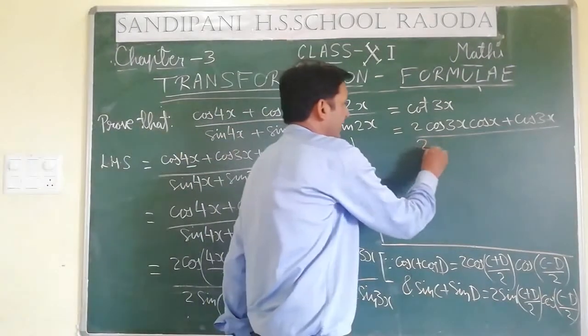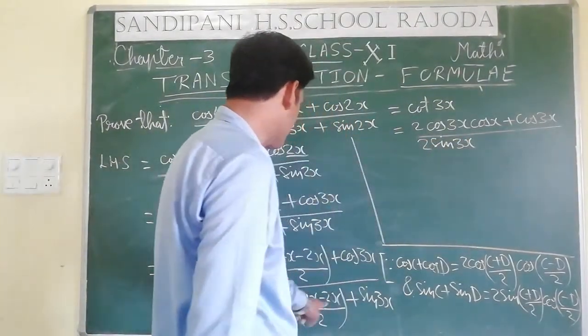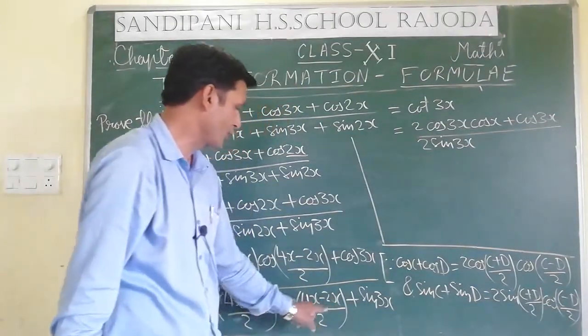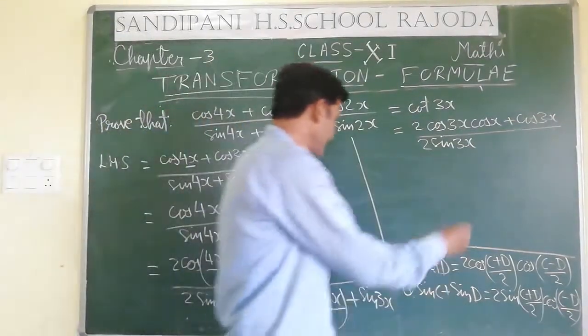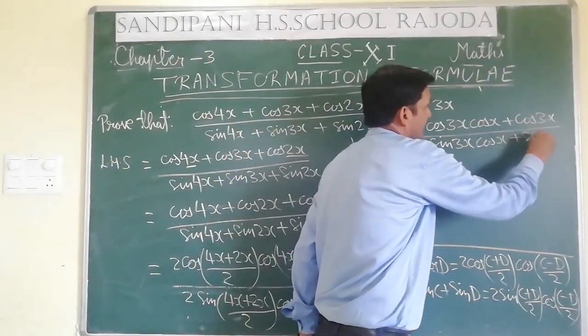So 2 sin 3x and cos (4x minus 2x), that is 2x by 2. So it will be cos x plus sin 3x.